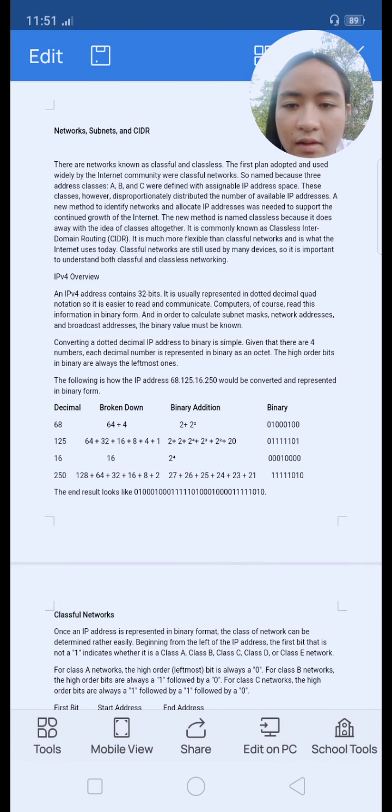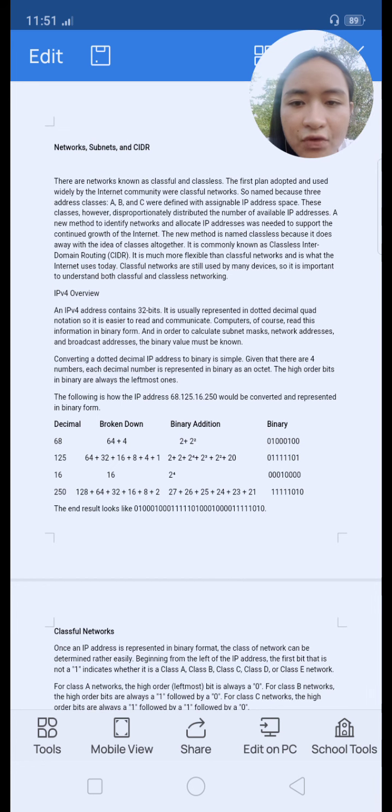So, IP version 4 overview. An IP version 4 address contains 32 bits. It is usually represented in dotted decimal quad notation, so it is easier to read and communicate. Computers, of course, read this information in binary form.